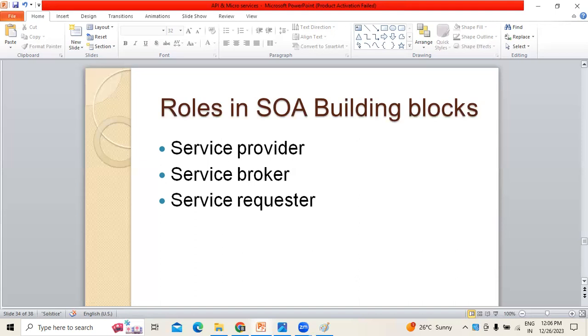Second point, service broker. This role makes information regarding the services available to those who requested it.